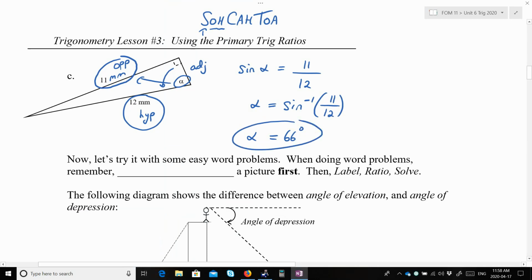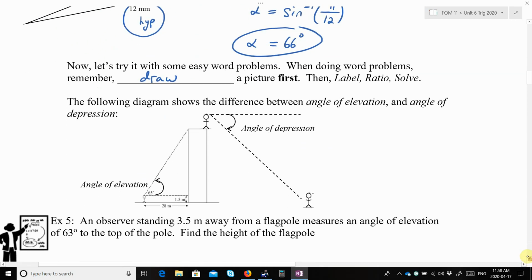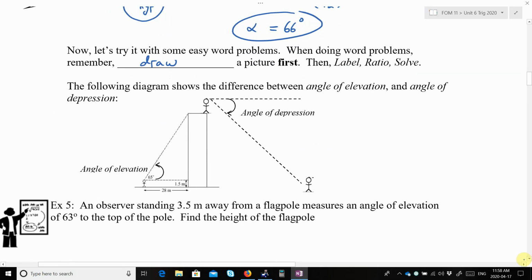Now let's try it with some easy word problems. When doing word problems, remember, draw a picture first, then label, ratio, solve. So the following diagram shows the difference between angle of elevation and angle of depression. So the angle of elevation, guys, is from your straight on line of sight up to something you're looking at.